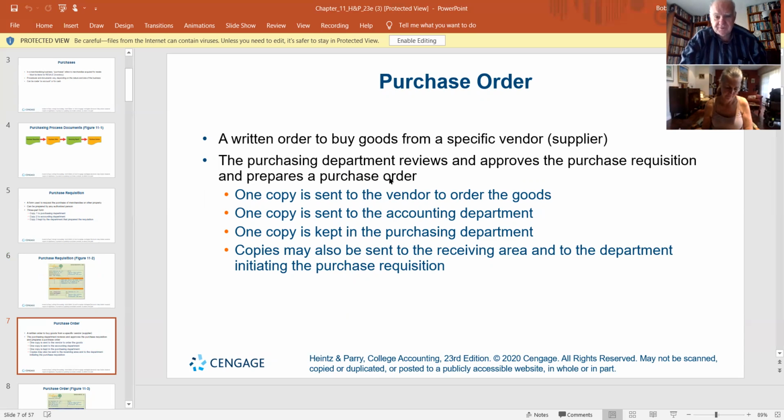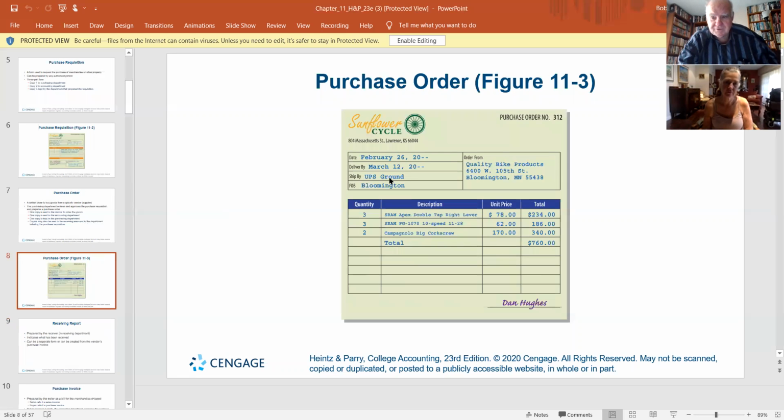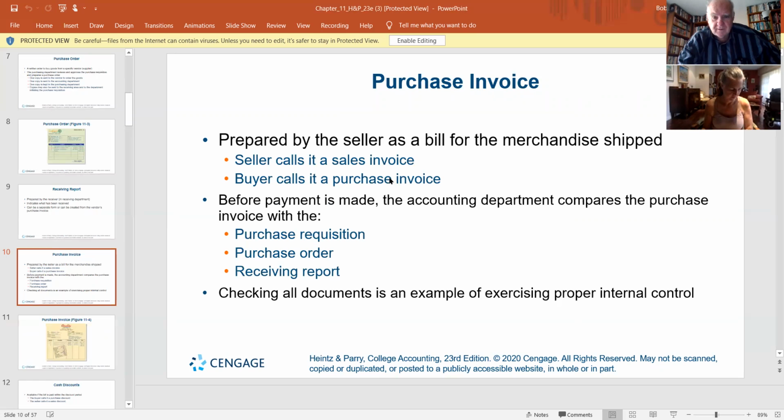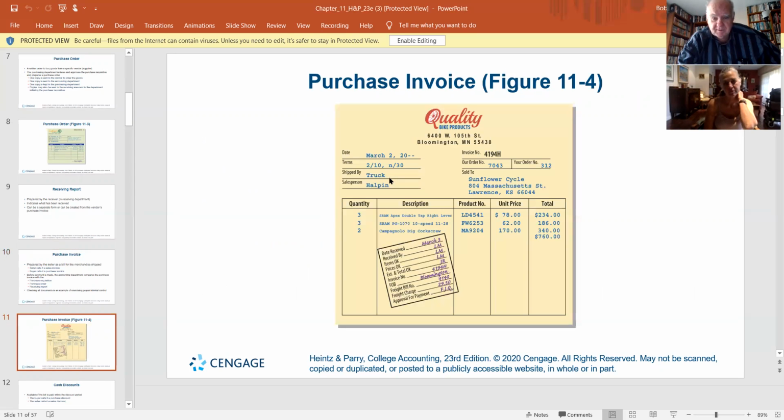Once the purchase order is agreed upon, we have a deal. And a receiving report is probably the most important one. The computer arrives at your business, and somebody brings it into the building and signs off that they counted what was there and it's the right items. And then, of course, the invoice, the bill that comes.